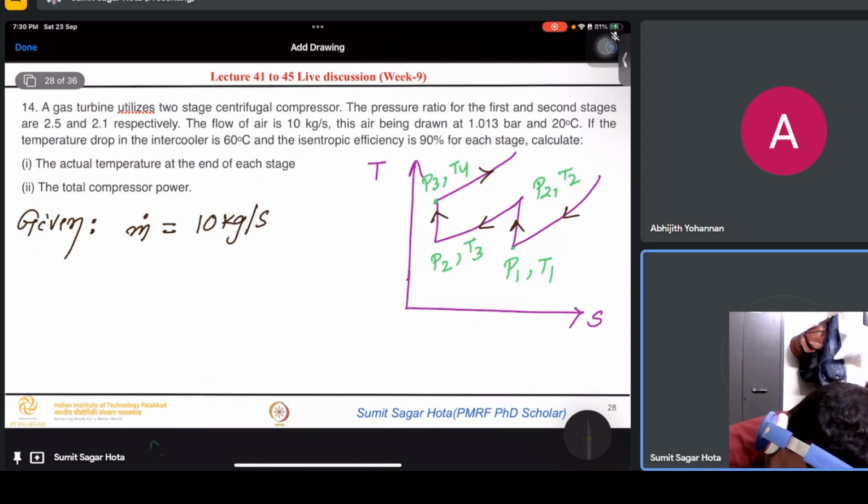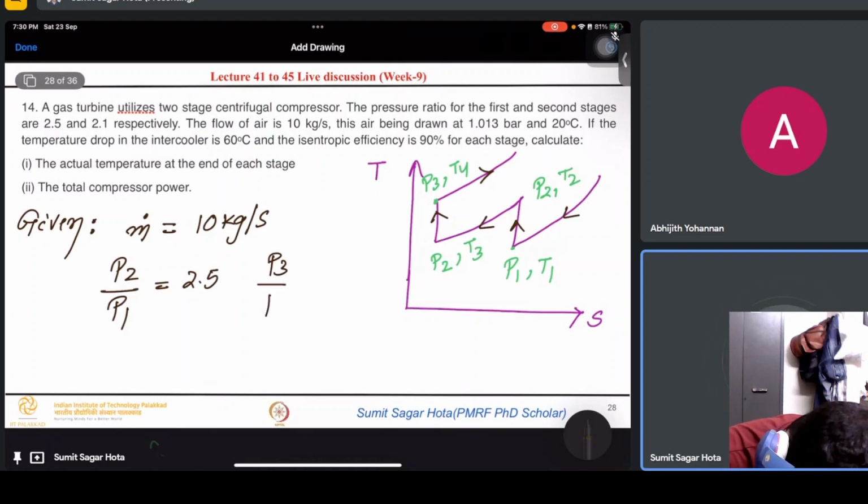Now the two pressure ratios: first, P2 by P1 is 2.5, and P3 by P2 is 2.1. How do you know where to choose the first and the second?